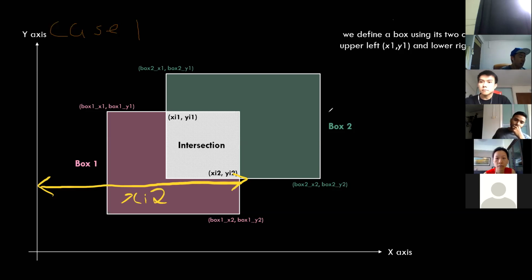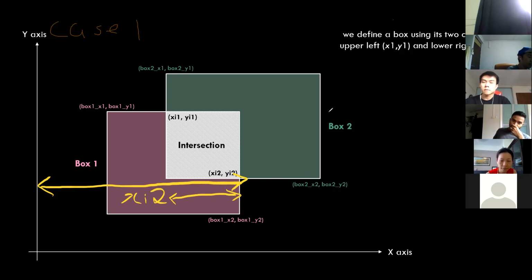Then what do you need to get this length? xi2 minus xi1. Correct.